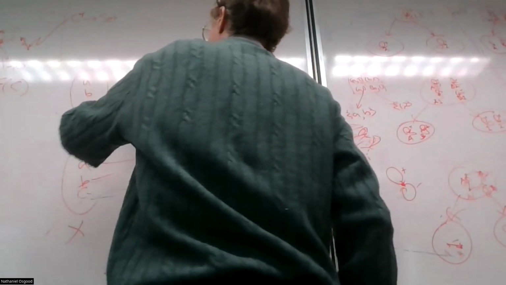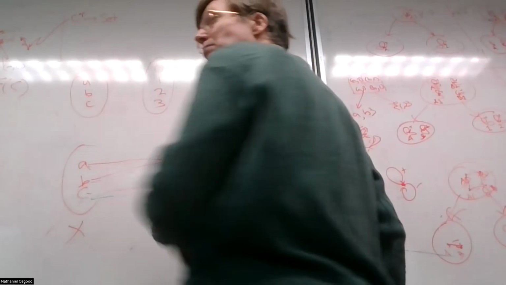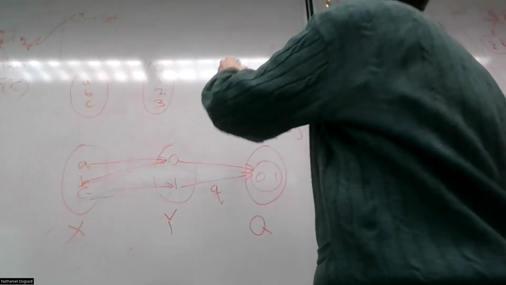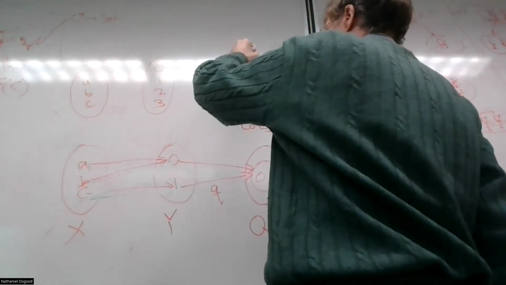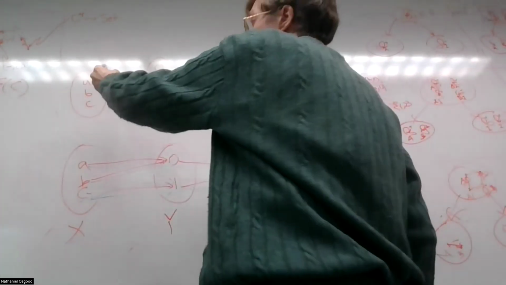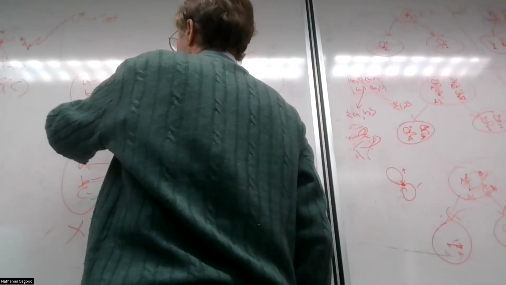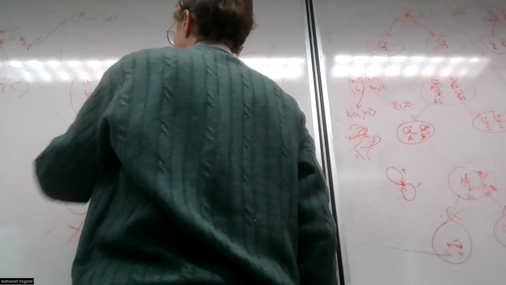Let's do a more interesting example. We're going to have A, B, C, and we're going to have 0, 1, 2, 3. And we're going to have our Q here. Okay, so let's suppose we have a mapped to 0, b mapped to 2, and c mapped to 3.